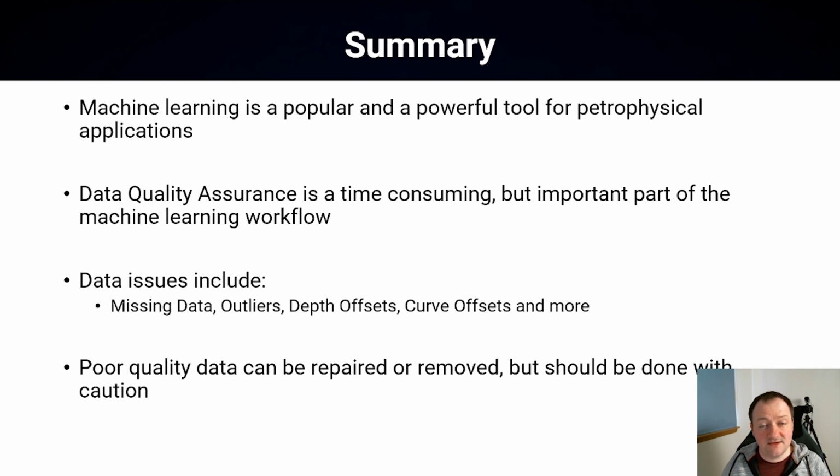And data issues can vary and can include missing data, as well as outliers and depth misalignment. We can then take that poor data quality and either repair it or remove it from the data, depending upon our findings from whether that data is really poor or whether it is something else.